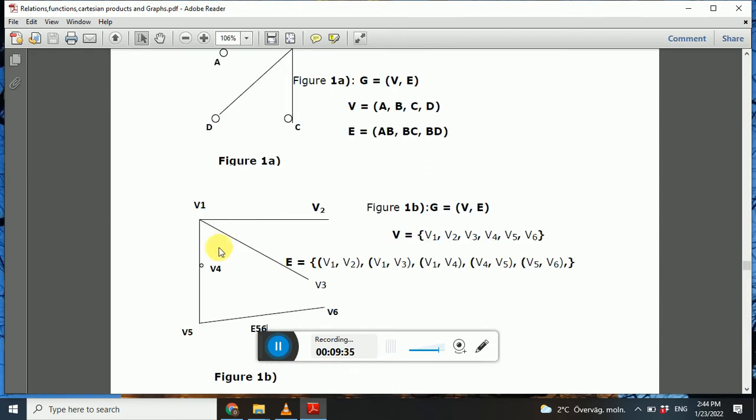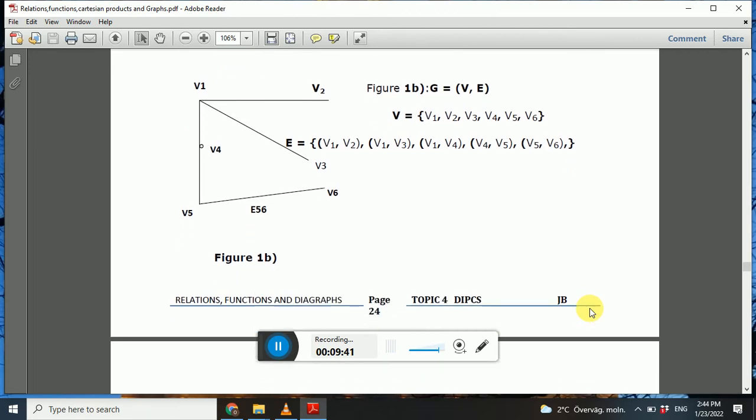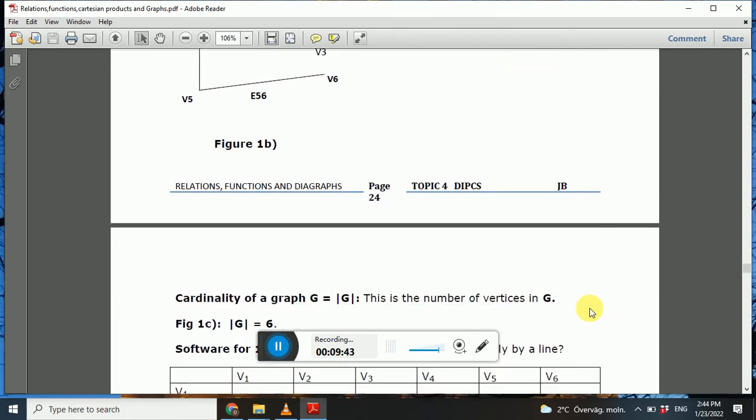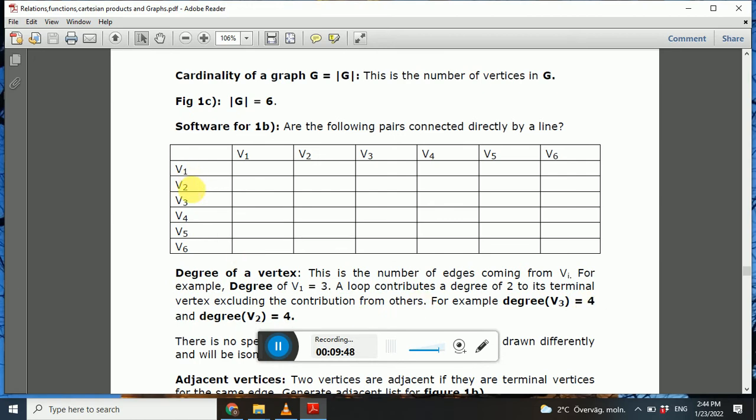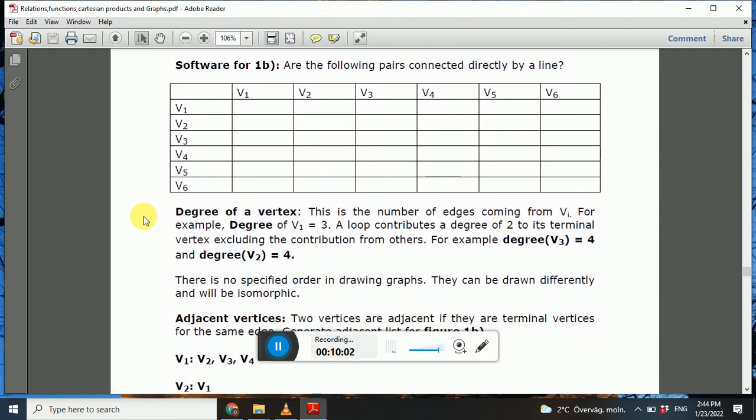V2, V4, there is no edge, so you put a cross. So you do the same for the entire table and you see what you come up with. That's just a simple exercise for you to try out.